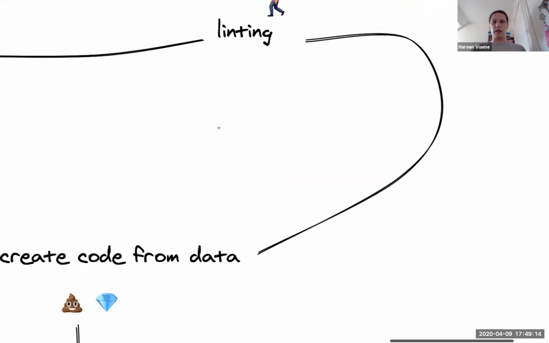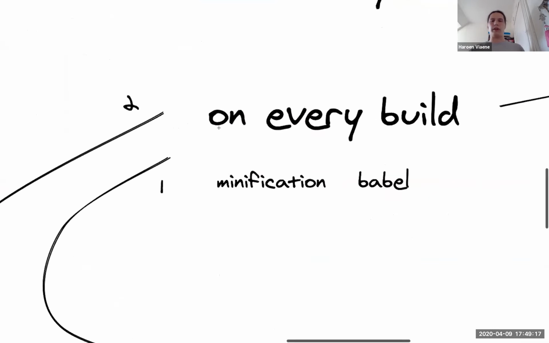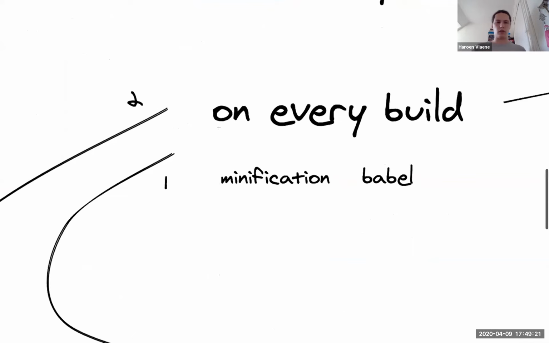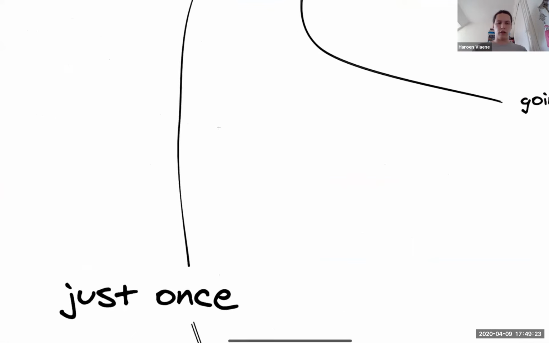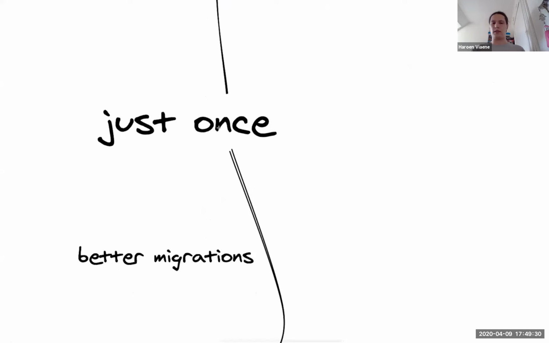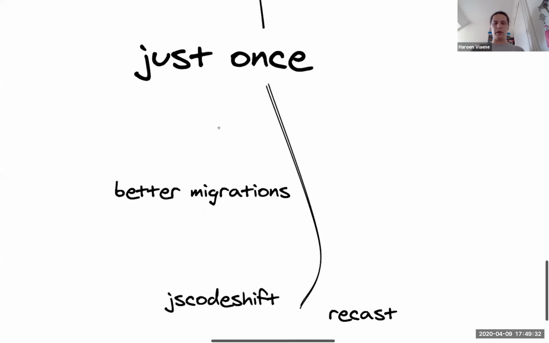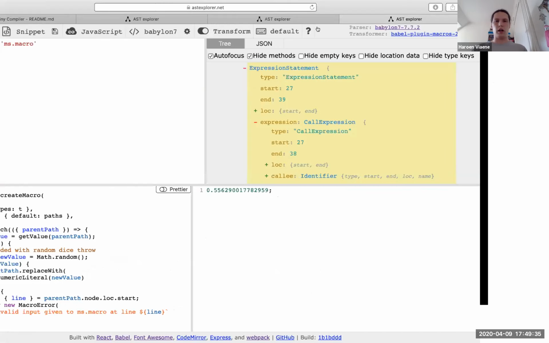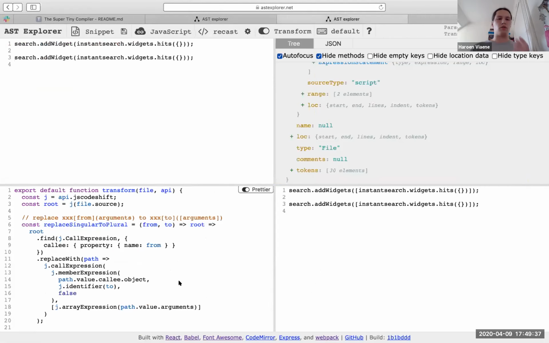If we go further, there's actually more than doing stuff on every build. There are some things that you only want to run once. If you want to run something just once, what I'm thinking of mostly is upgrade scripts or migrations. There is another tool here that is called JS Code Shift, and it's built on top of Recast, which also takes in an AST, and in this case, it's a slightly different one.